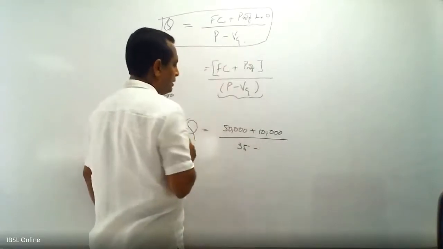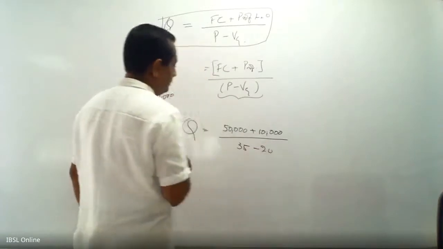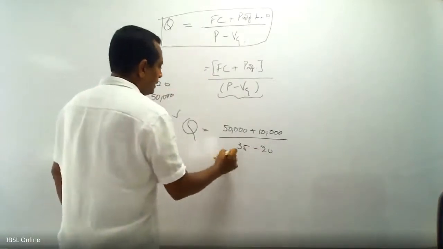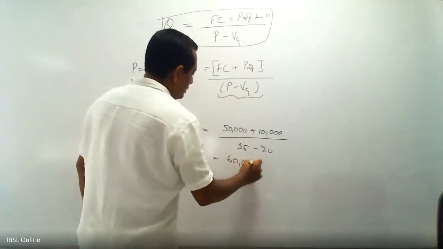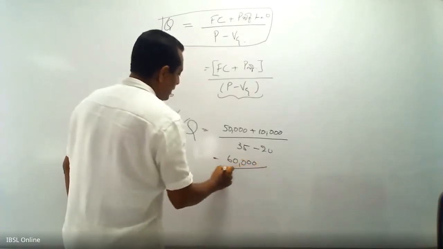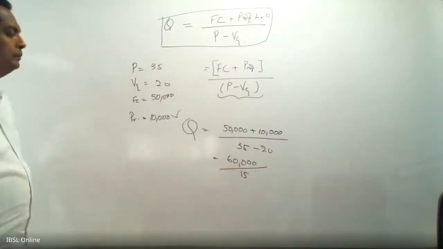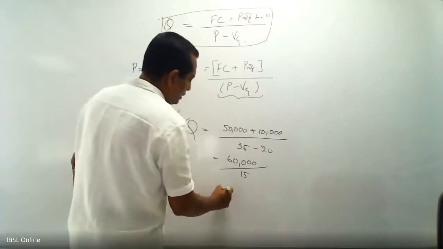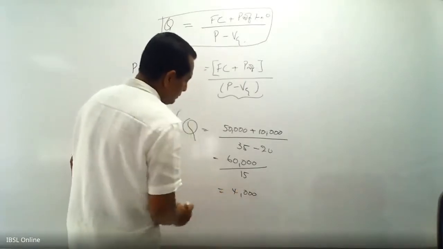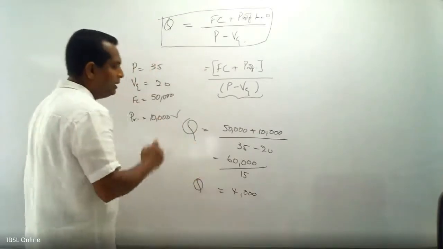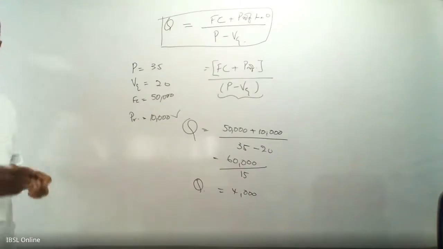Variable cost is 20, right? This is the contribution. So it is 60,000 divided by 15. So it is 4,000. Quantity to get 10,000 profit equals 4,000.